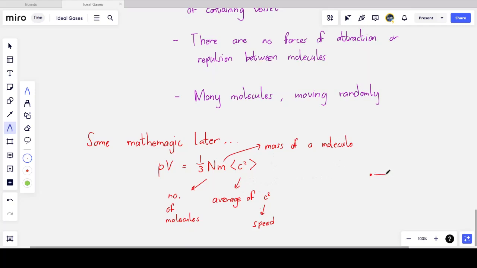So if I have one molecule moving to the right with speed C1, the next molecule moving to the left with a speed C2, another molecule moving with a different speed to the right, C3, and so on.